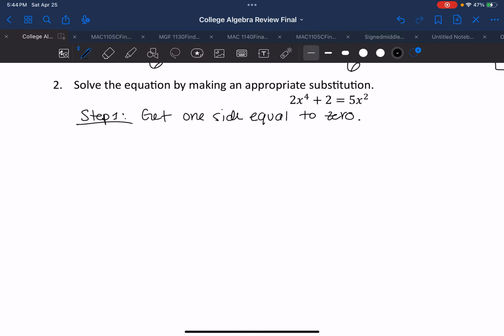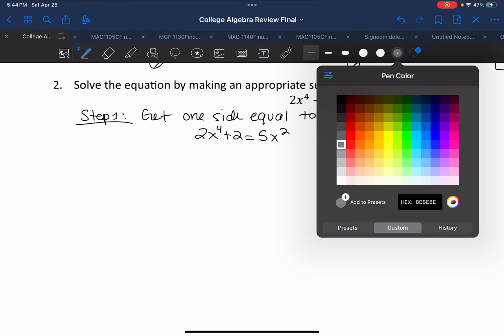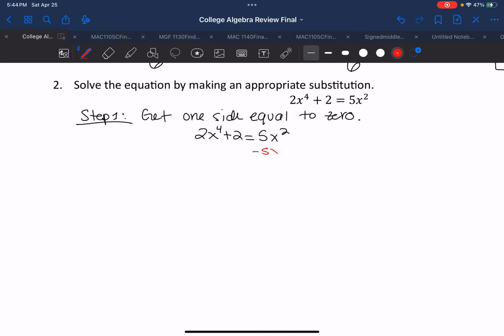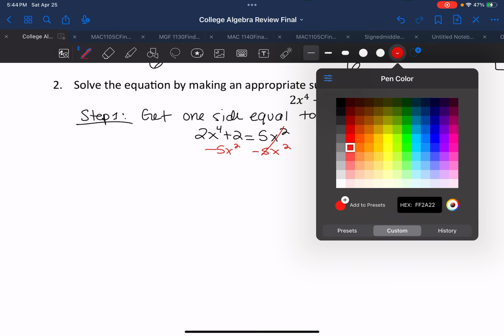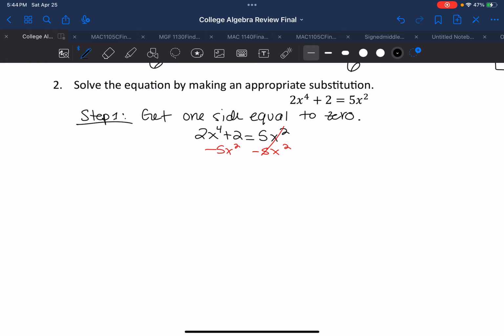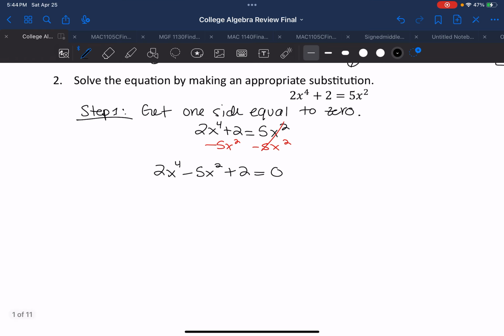So I'm going to rewrite this equation here. I'm going to subtract the 5x squared. So I would rewrite this in its descending order of exponents. So 2x to the fourth minus 5x squared plus 2 is equal to 0. And now this is quadratic in form.